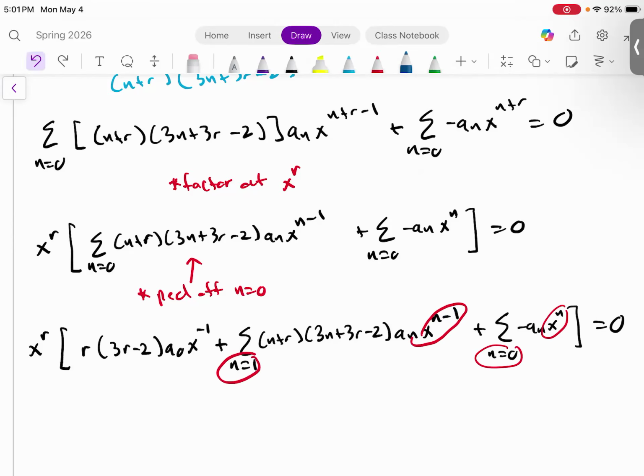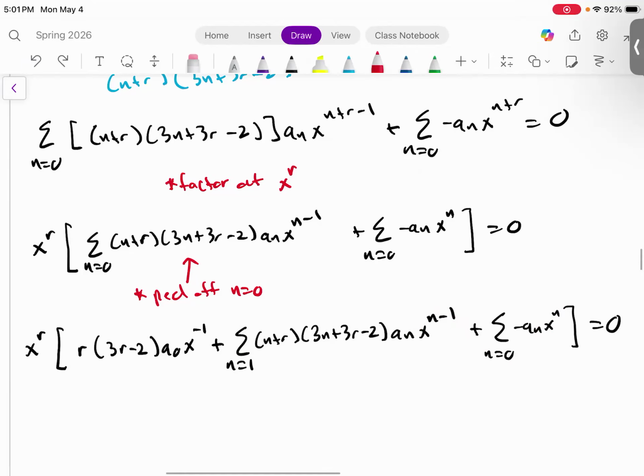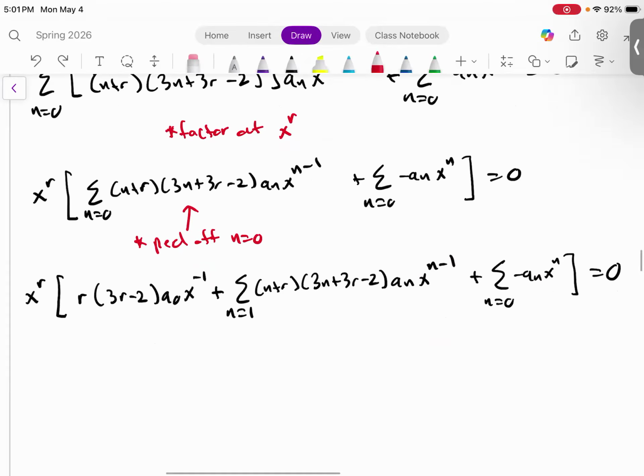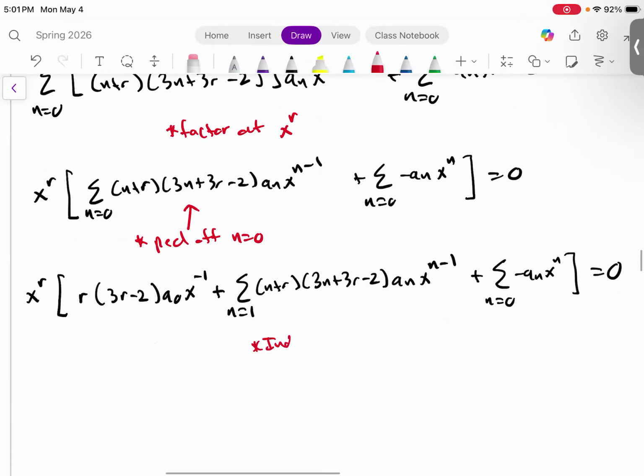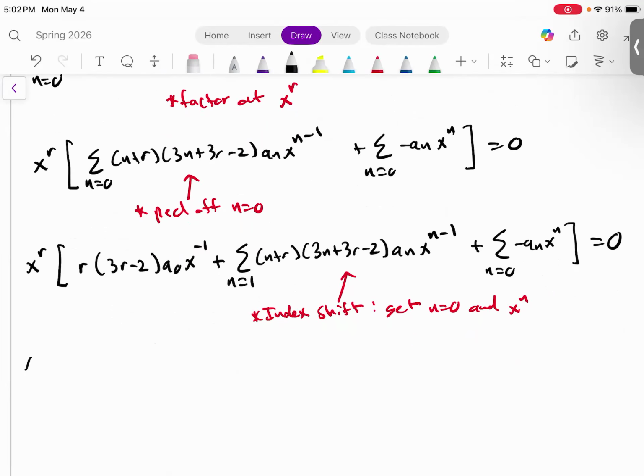Okay, so let's check that out. So we're going to index shift, and we're going to get n equals 0 and x to the n. So if I index shift, what I would get is r times 3r minus 2 a naught x to the negative 1.